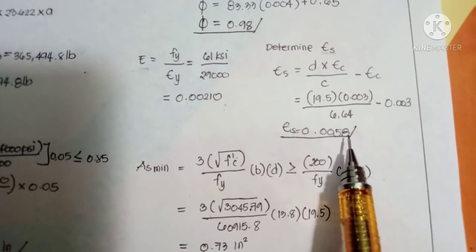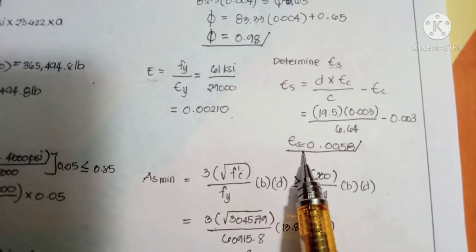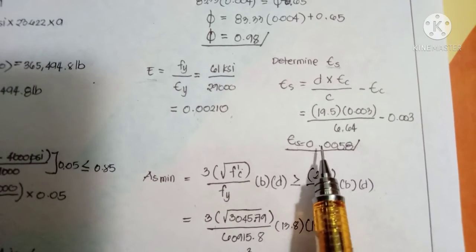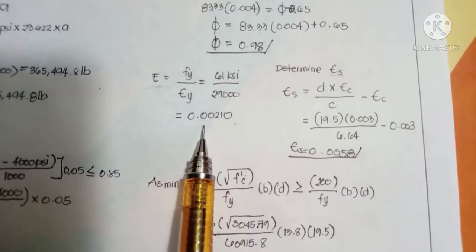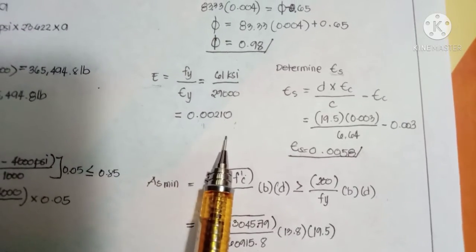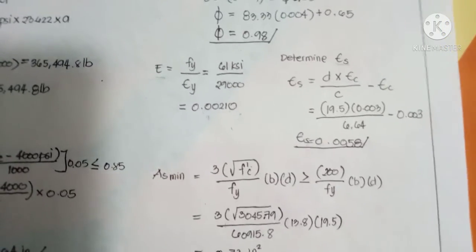So we figured out that our value of epsilon S is 0.0058, which is greater than 0.00210. So our assumptions are correct and the steel thus yielded.